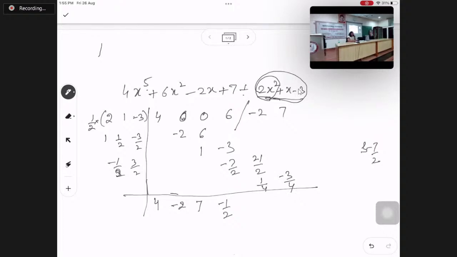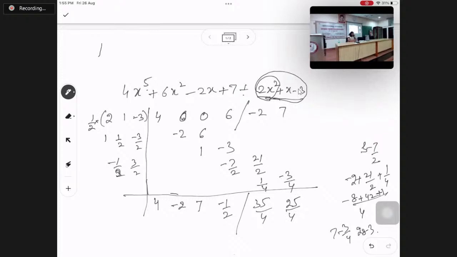So this is minus 2 plus 21 by 2 plus 1 by 4. 4 is the LCM. So it is minus 8 plus 42 plus 1, that is 35 by 4. This is 35 by 4. Then we have 7 minus 3 by 4. This is 28 minus 3, which is 25 by 4.